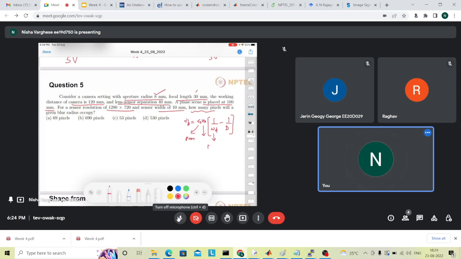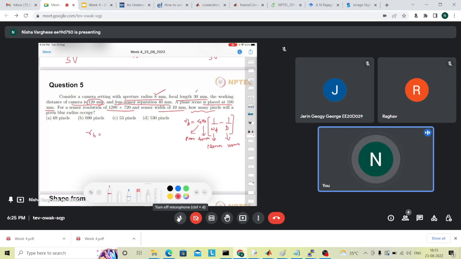Then the depth D is given here. A plane scene is placed at 100 mm, so D is given as 100 mm. Focal length is given as 30 mm, but that is not being used in the equation. Then the lens sensor separation is 40 mm. So you have to find out R_D, the blur radius, in millimeter.